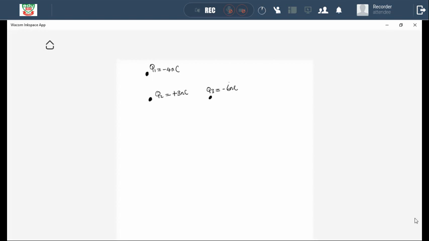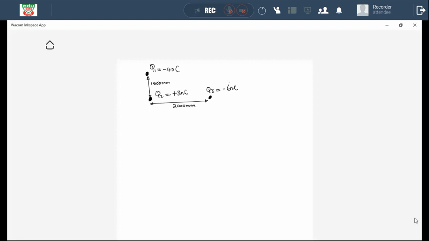Now we have those three charges, and let me put the distances between them. The distance between charge 2 and charge 3, let's say, is 2000 millimeters, and the distance between charge 1 and charge 2 is 1500 millimeters. So that is the arrangement that we have.